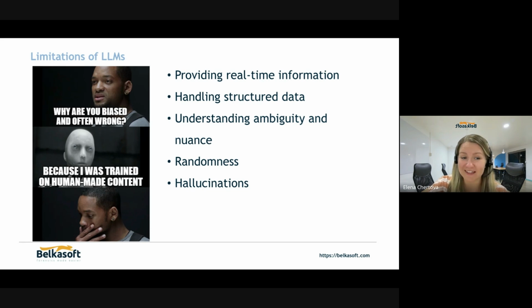One more thing is randomness, which is built into the model that generates text. You probably noticed that if you ask ChatGPT one question twice, is the reply always the same?